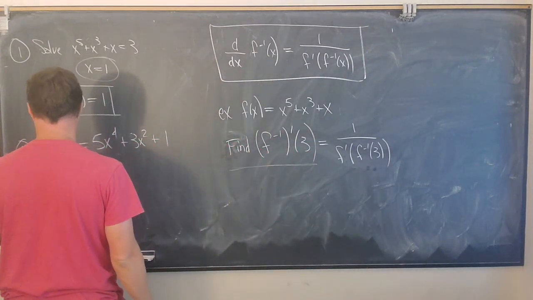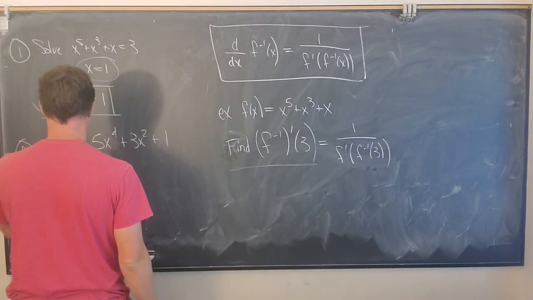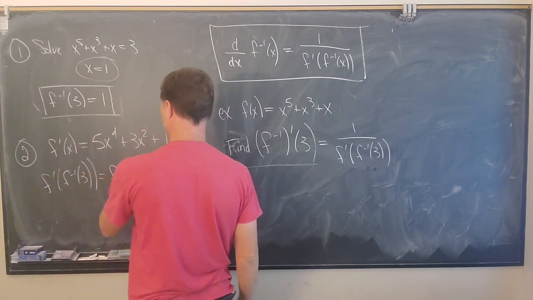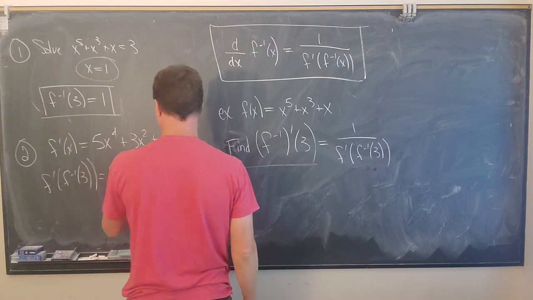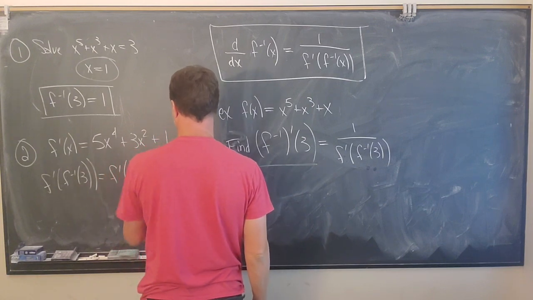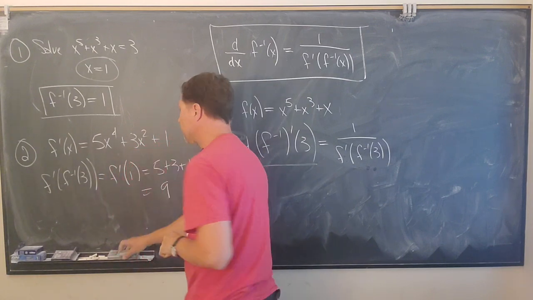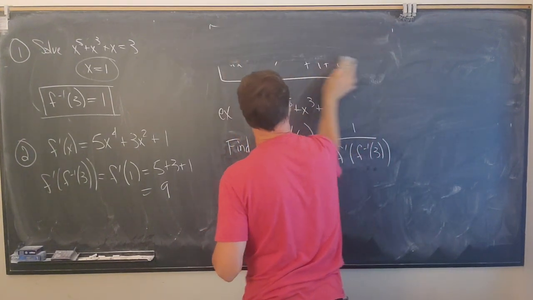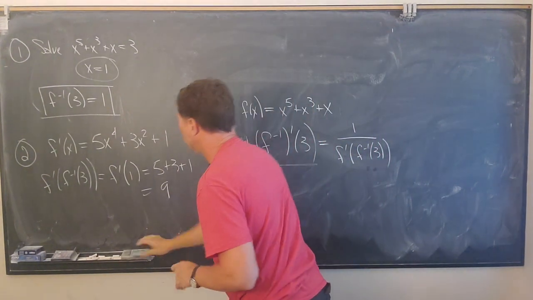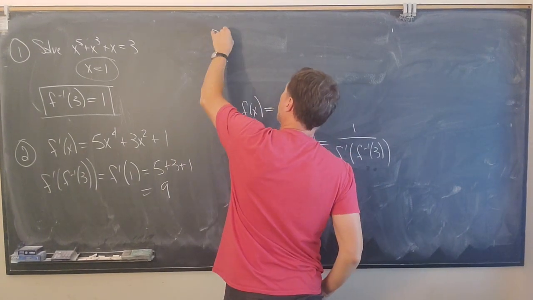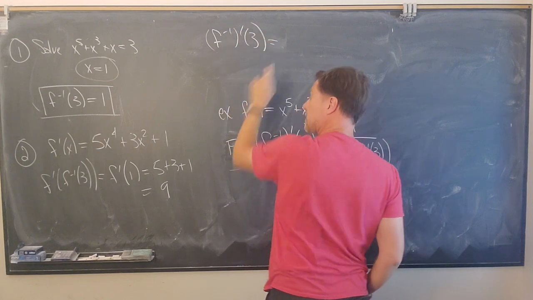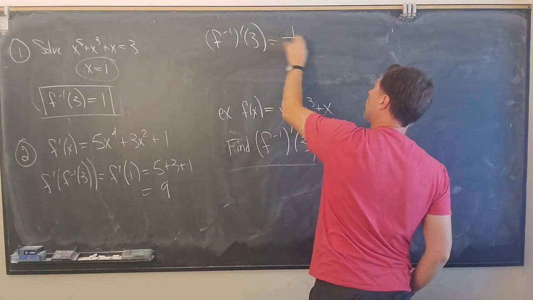So f prime of f inverse of 3 is equal to f prime of 1, which is equal to 5 plus 3 plus 1. That gives us 9. And so, final answer, f inverse prime of 3 is going to be the reciprocal of what we have there, so we get 1/9.